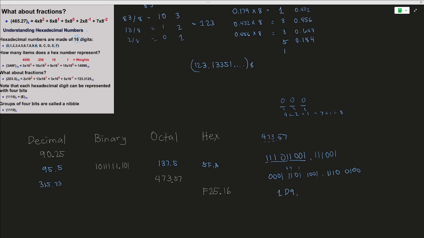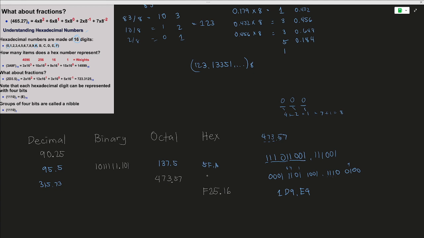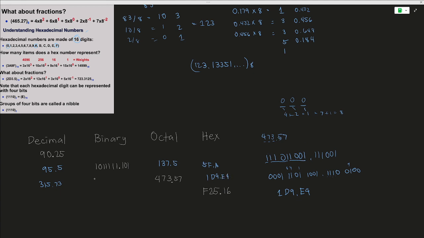Okay, so what about this one? 1110, 8 plus 4 plus 2, which is 14? 14. So that is your letter E na lang. And of course, ito is 4. Okay? So, in short, ang pinaka 473.57 natin is 1D9.E4. And likewise, ito yung sagot sa pinaka-binary niya.